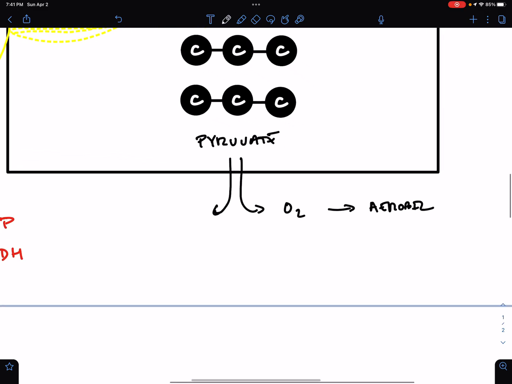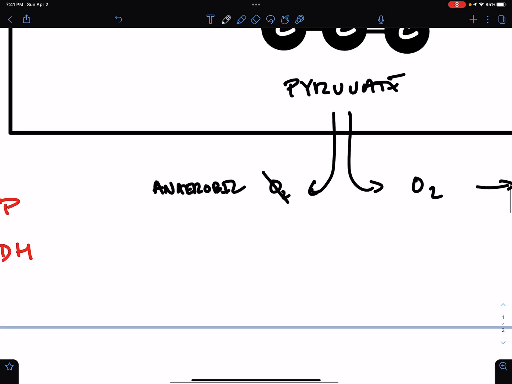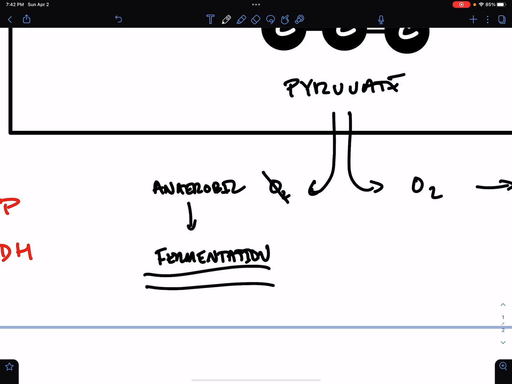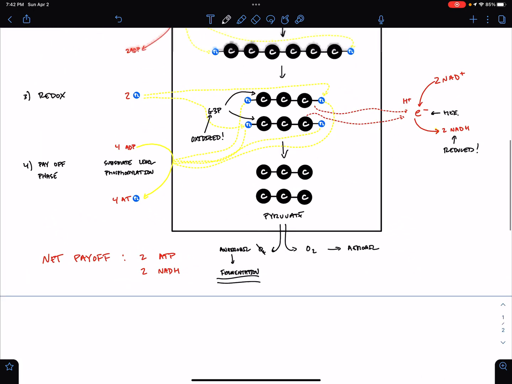In the absence of oxygen, we're going to have anaerobic cellular respiration, and we're going to proceed to fermentation. Your next screencast is going to be an introduction to fermentation, and you're going to see how that all works. Okay, that's all.